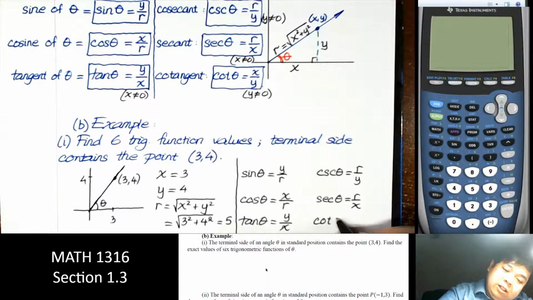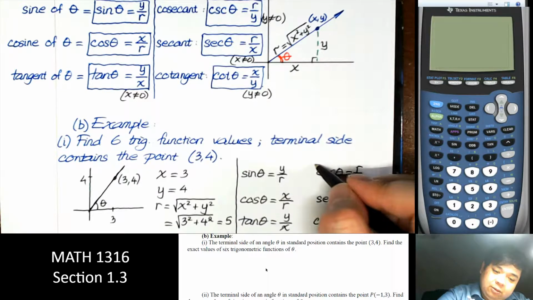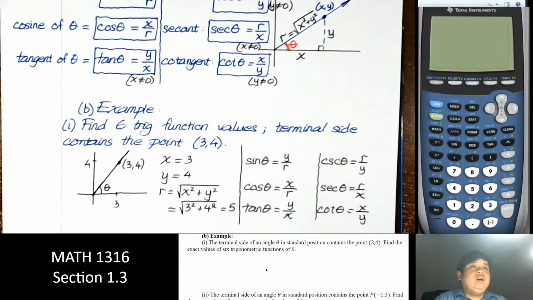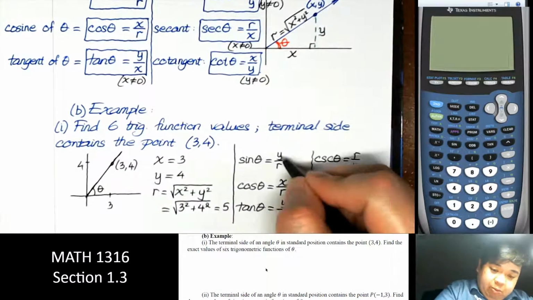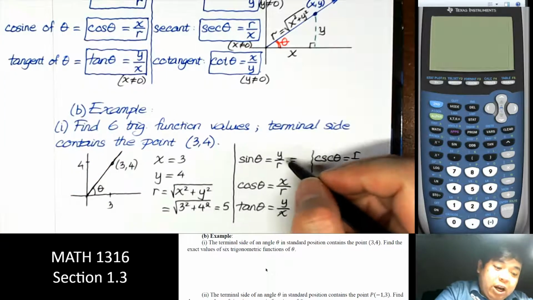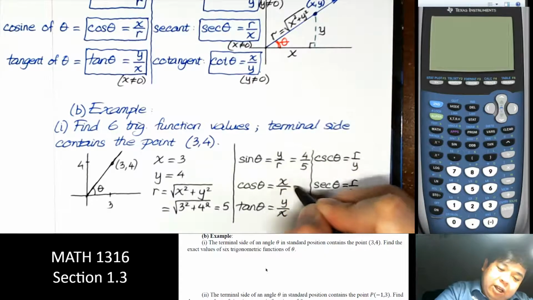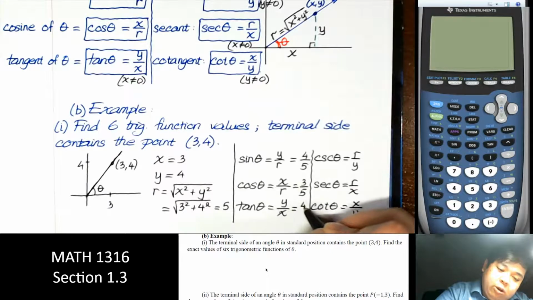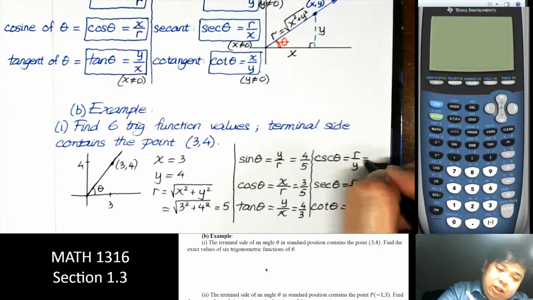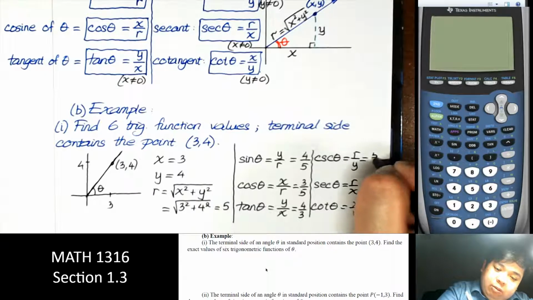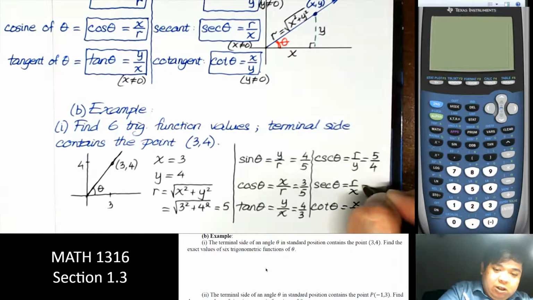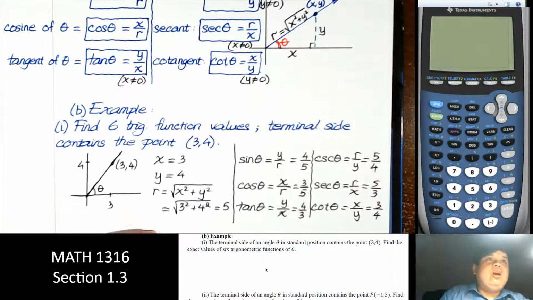And cotangent, reciprocal of tangent. Right. So just write out all of them from the definition, and now just plug in the numbers. y is 4, r is 5, x is 3, r is 5, y is 4, x is 3, r is 5, y is 4: 5 over 3, and 3 over 4. So that's pretty much it.